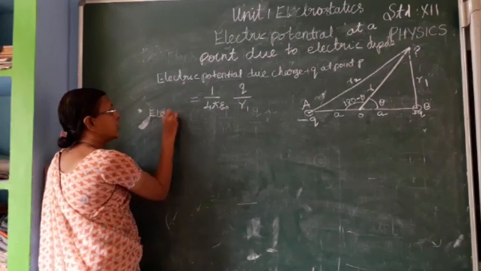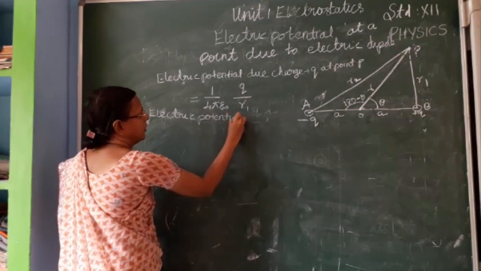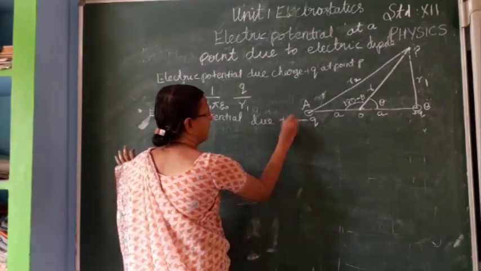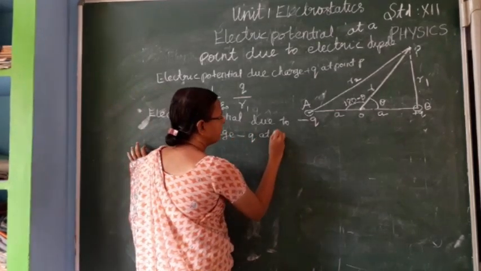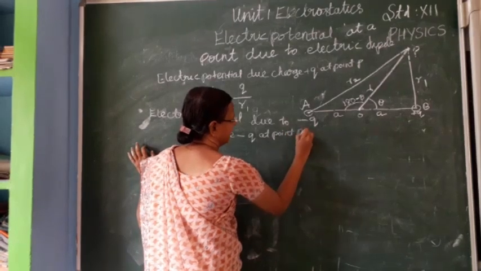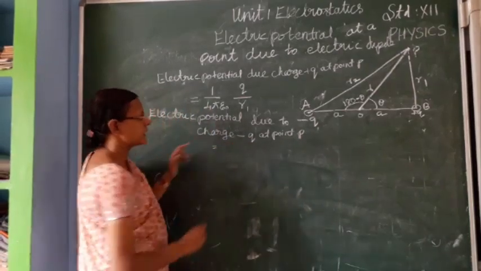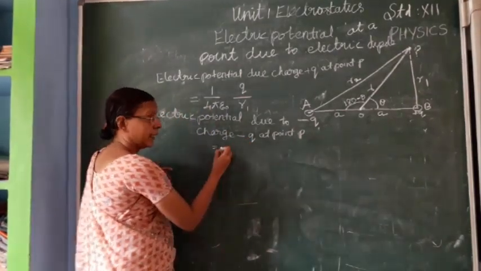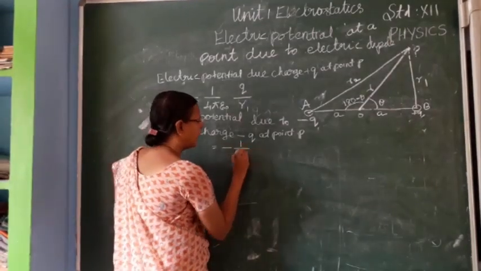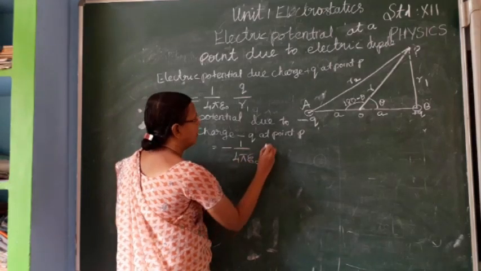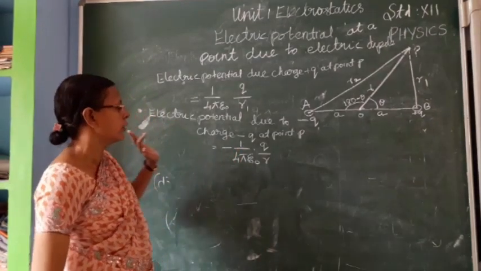Next, electric potential due to charge minus Q at point P is equal to, this is a negative charge, so it has a negative value. So minus 1 by 4 pi epsilon 0 q divided by r.